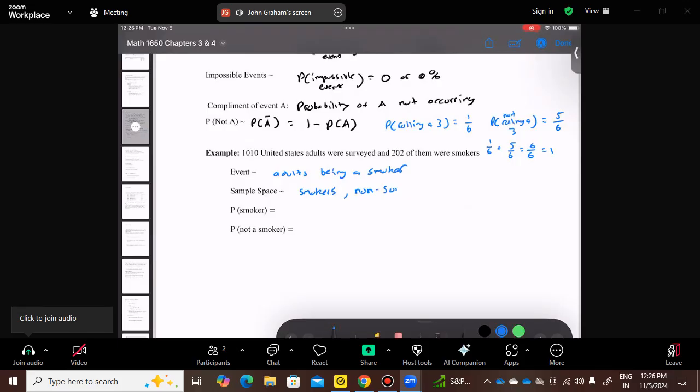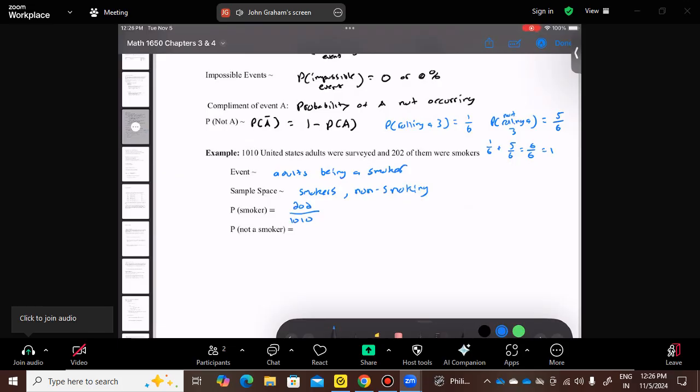There's no real in between. The probability of a smoker is 202 smokers out of the total 1,010 people.